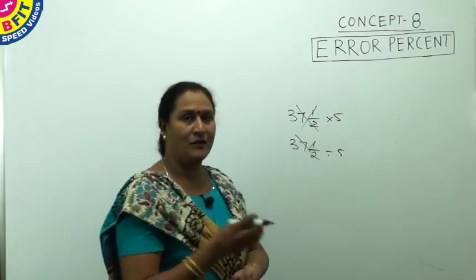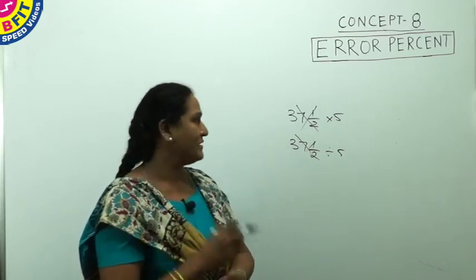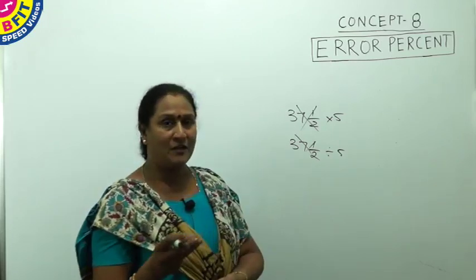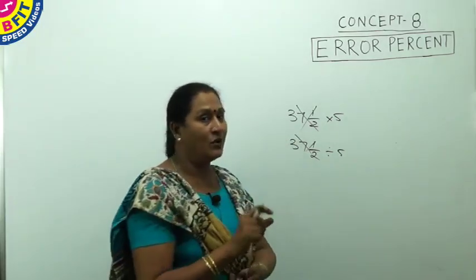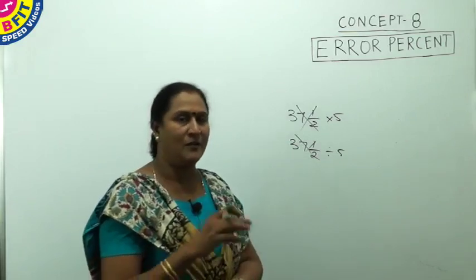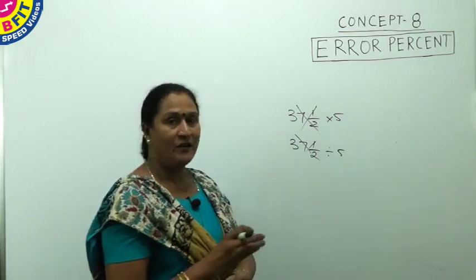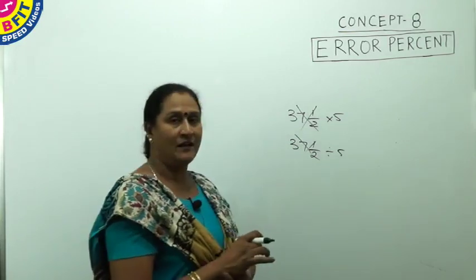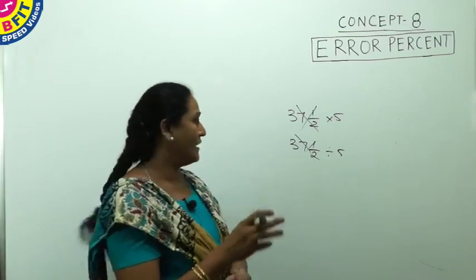Any number you take will arrive at the same percentage. The value will be the same. So we can take any comfortable value for our working. These values are given only to mislead. When you take this and work it out, it is very complicated and takes time to arrive at the answer. So we'll see how easily we can take any number of our convenience and arrive at the answer.